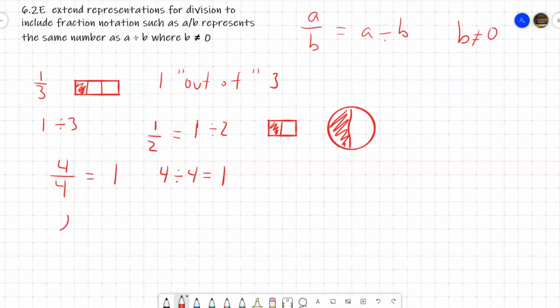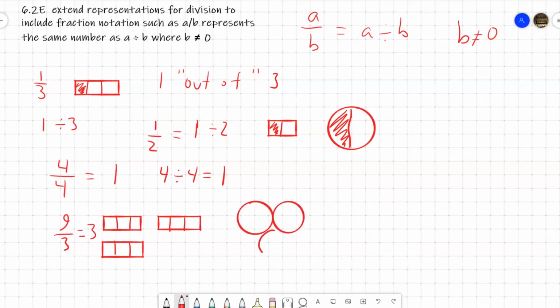Well, then what if I had 9/3? I had this improper fraction. Well, we have a few different ways that we can look at it. If I have 9/3, then I have 1, 2, 3 whole objects. So my answer would be 3, or simplifying that would be 3. Another thing that I could do is I could say, well, I have 3 groups, and I'm dividing up 9 objects, or 9/3, right?